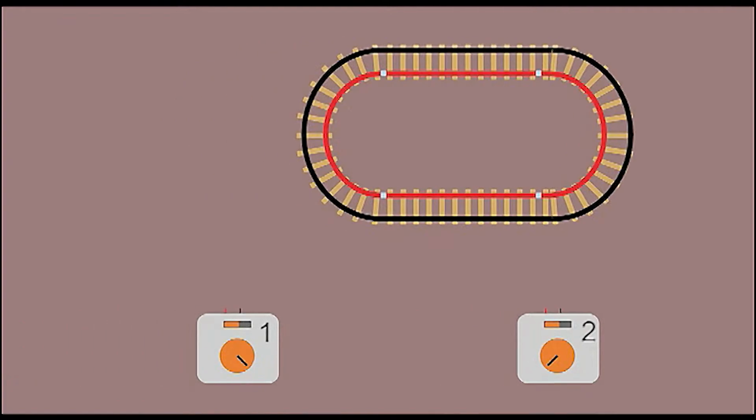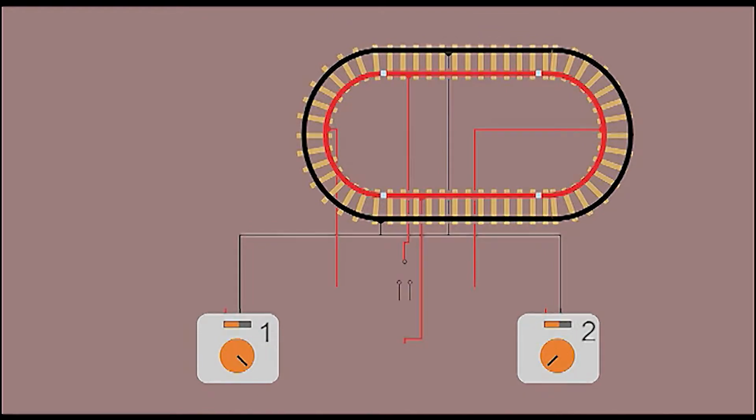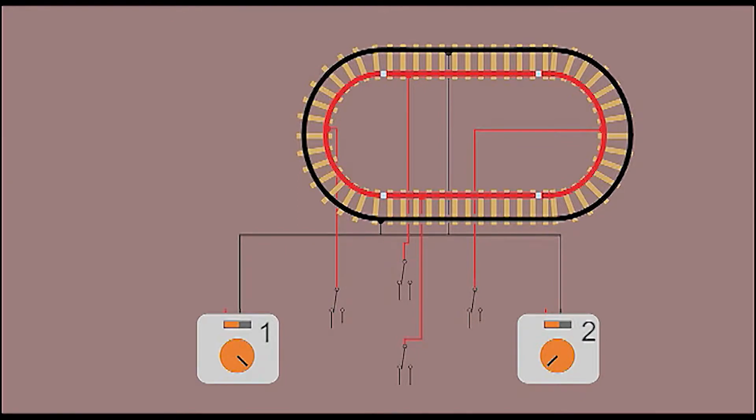Okay, let's apply some of those principles now to a layout. We'll keep it a simple layout of this oval. We'll have a common return which will link to both sides of the oval, and we'll split it into 4 sections. We'll bring a red lead out of each section and bring it down to a section switch.